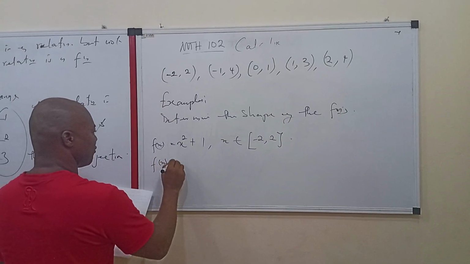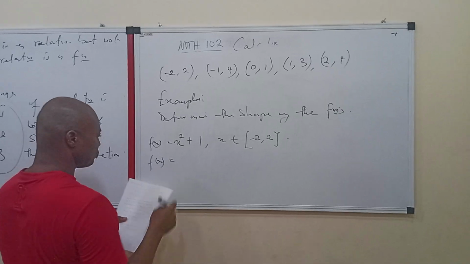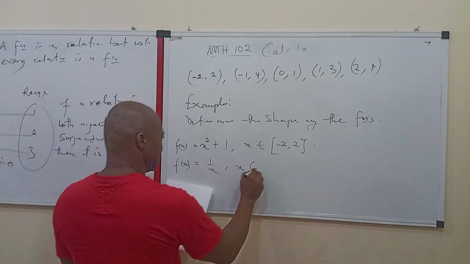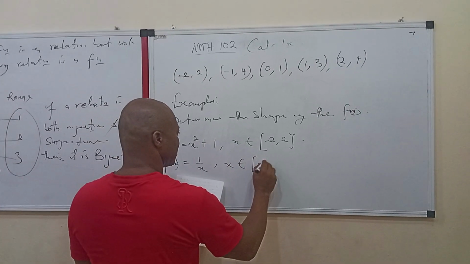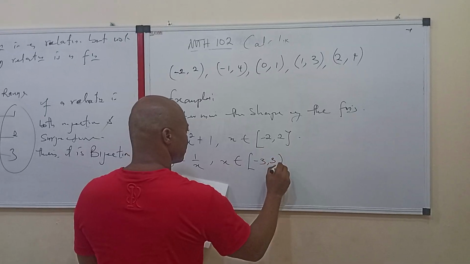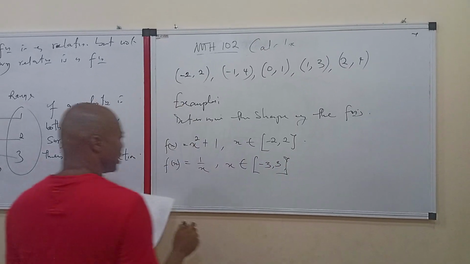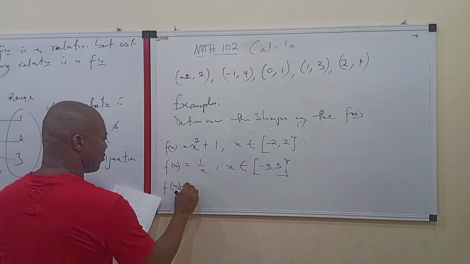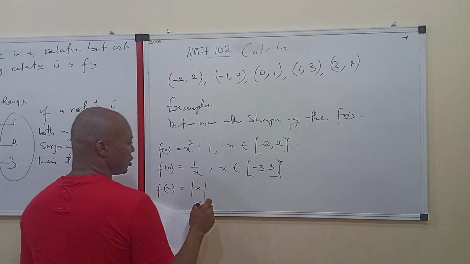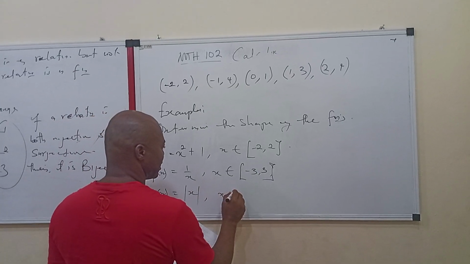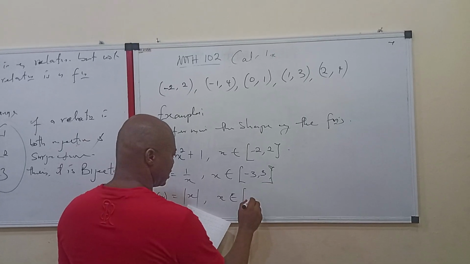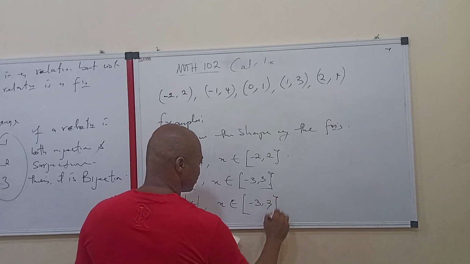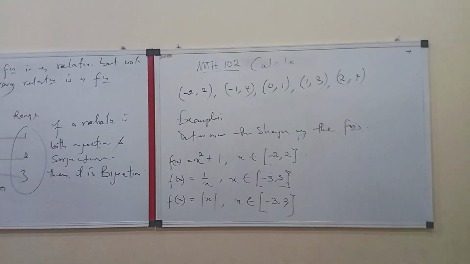We have f of x is equal to 1 over x, where x is contained in this domain. Then let's consider f of x, where the function is the absolute value of x, where x is contained in this domain.